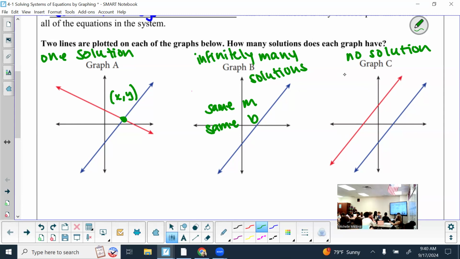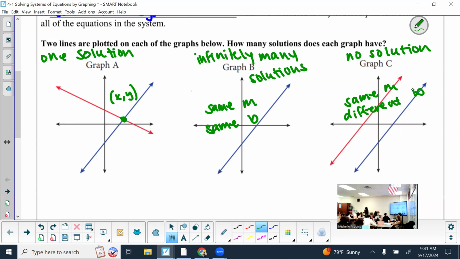So oftentimes you'll have to look at the equation to make sure that they have the same what? Good. Same slope, different y-intercept. And I'm using m and b because of y equals mx plus b. M is slope, b is y-intercept.